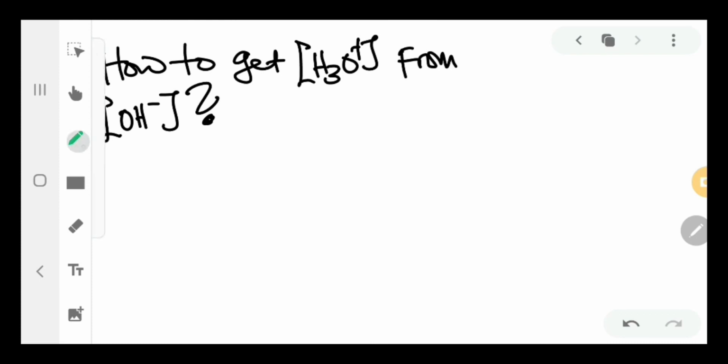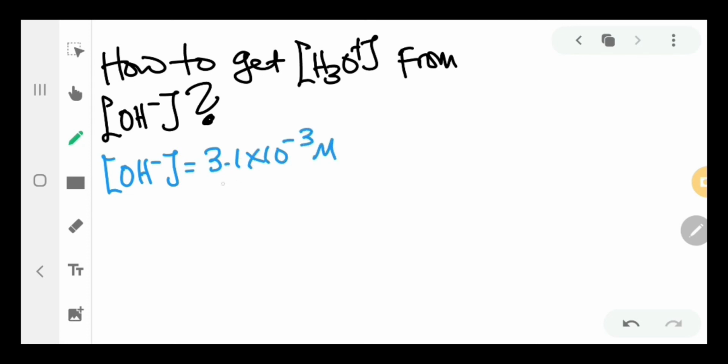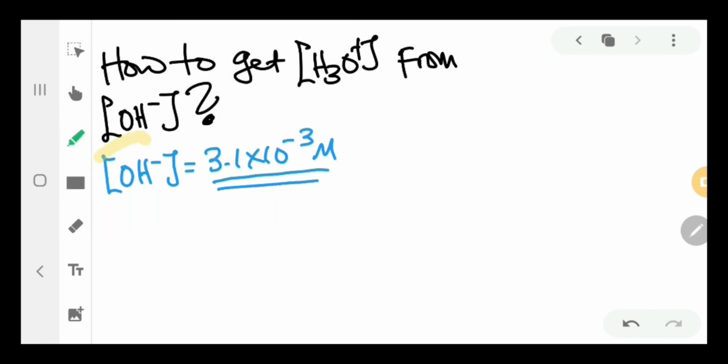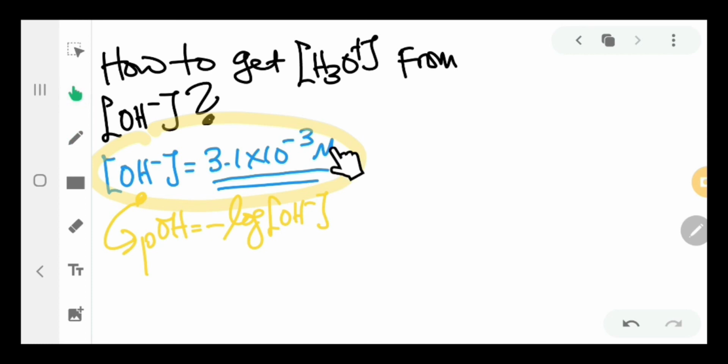First, we have concentration of OH minus already, which is 3.1 times 10 to the power of negative 3. So we're going to use this. We can find pOH first. So you're going to plug in the value of your concentration into this.